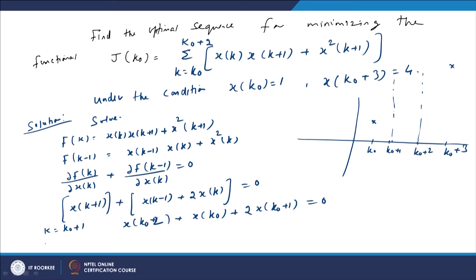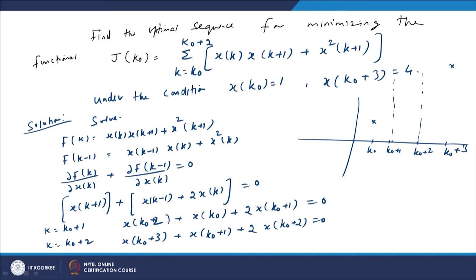And when we put k equal to k0 plus 2 in this equation, we get x of k0 plus 3 plus x of k0 plus 1 plus 2 times x of k0 plus 2 equal to 0.